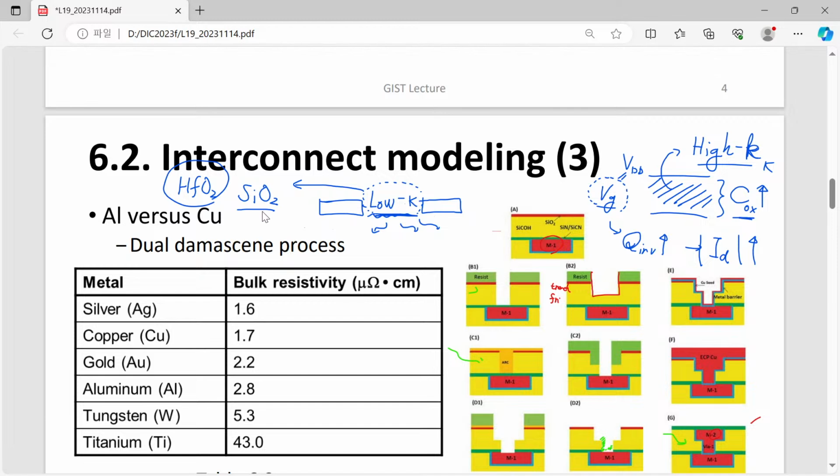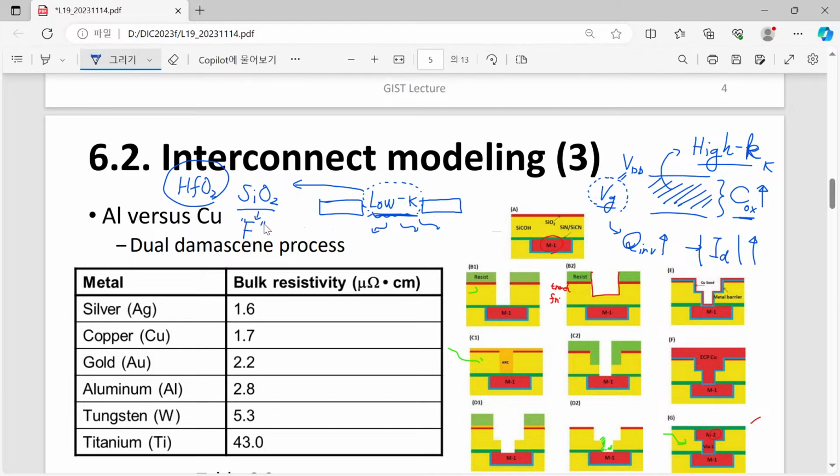And in the case of low K material, what we do, for example, is introduction of fluorine atoms into this silicon dioxide. Then it can reduce a certain amount of capacitance. Or sometimes people have used this kind of material, introducing carbon and hydrogen.